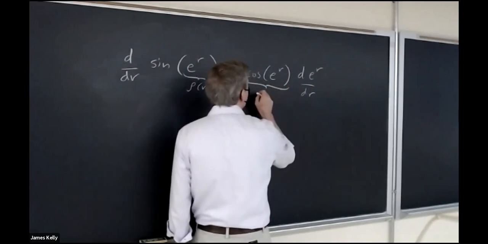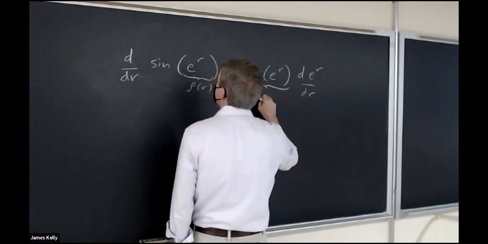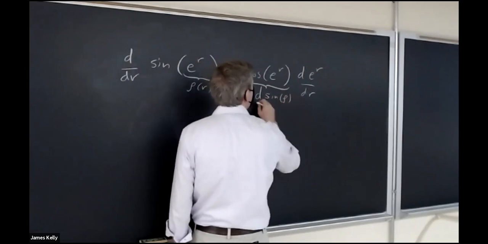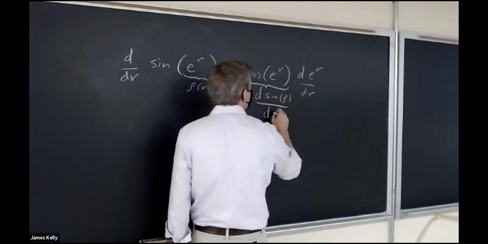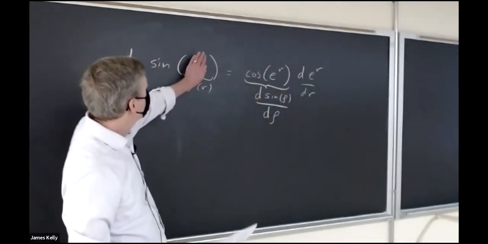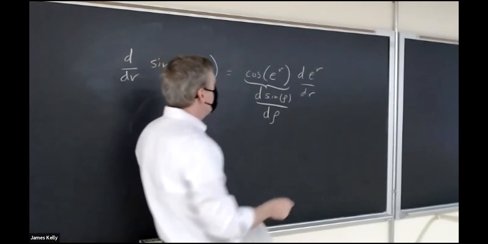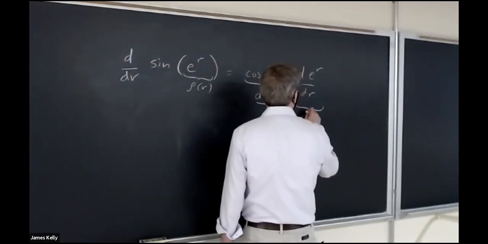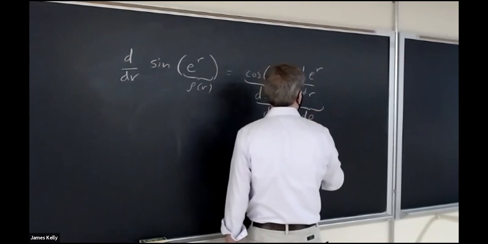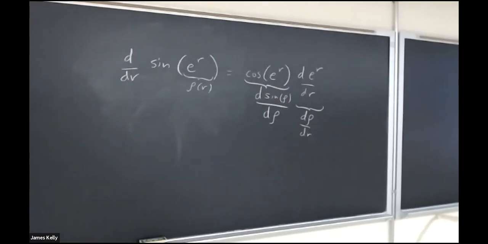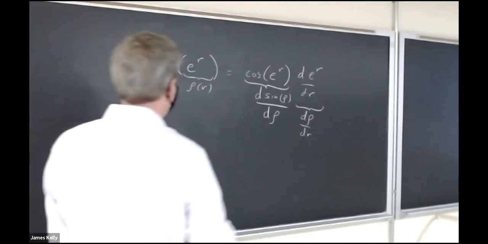This is the derivative of the sine of rho with respect to rho, times the derivative of rho with respect to r. That's the chain rule, just written out in symbols. Every one of you knows how to do that intuitively, but sometimes people forget abstractly how to write it.